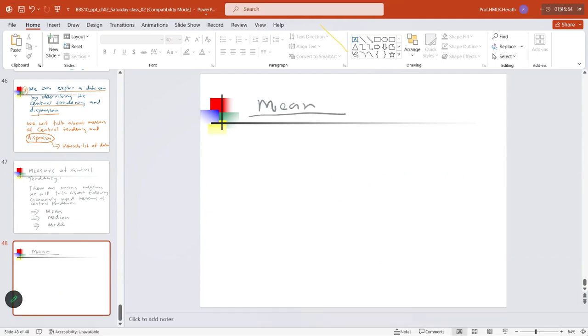When we talk about mean, we will first talk about population mean, which is denoted by mu. It is a parameter.